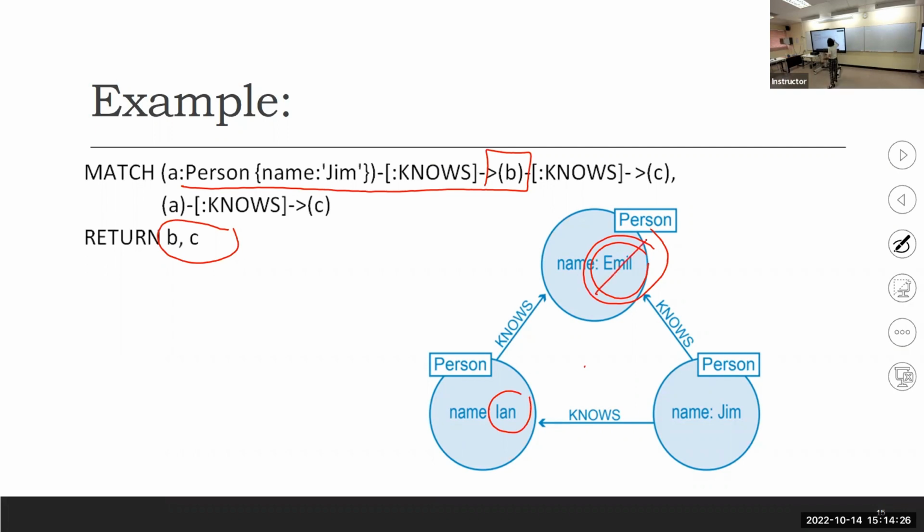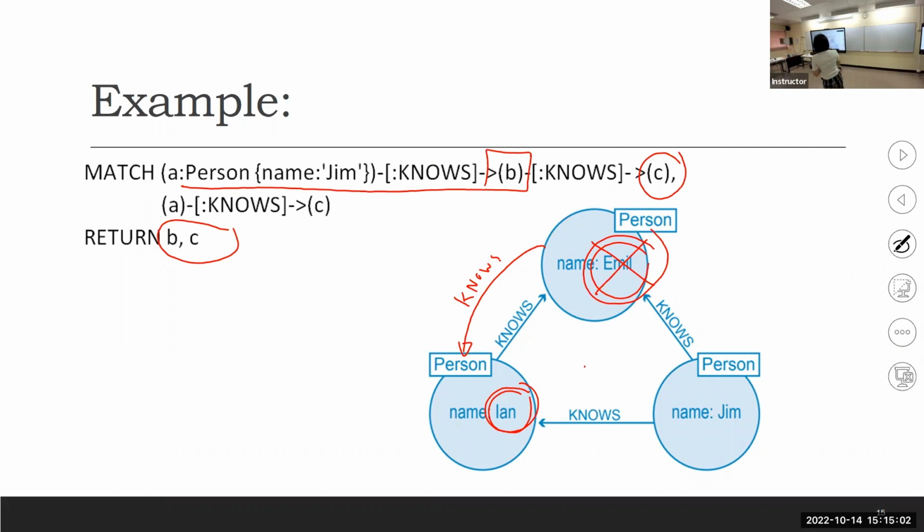So we cannot have Emil for B. But Ian knows Emil, so Emil can be C from Ian. If there were also the reverse link, there would be two pairs for the answer: B is Ian and C is Emil, and then B is Emil and C is Ian. You will get two answers if I modify the graph like that.